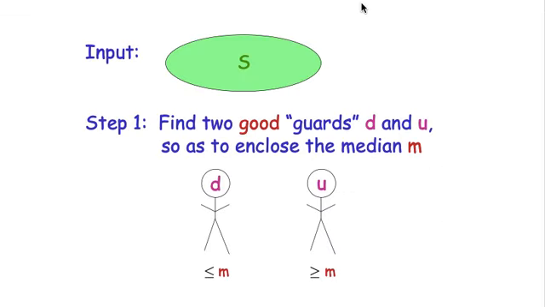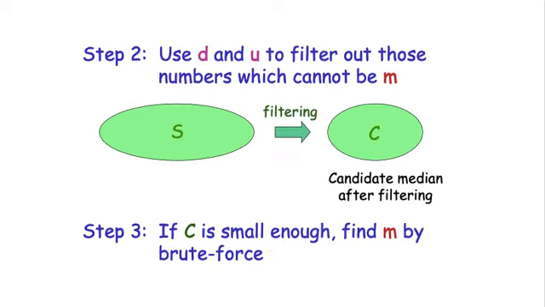So this is the input set S, and we hope to find two numbers, D and U. So let's call them the gap, okay? So this gap hopefully will enclose the median M. So we hope that D is less than or equal to M, and U is greater than or equal to M. And then after that, we use D and U to filter out those numbers which cannot be M. So we look at every number of S one by one, compare it with D, compare it with U. And if it is smaller than D, then it cannot be the median.